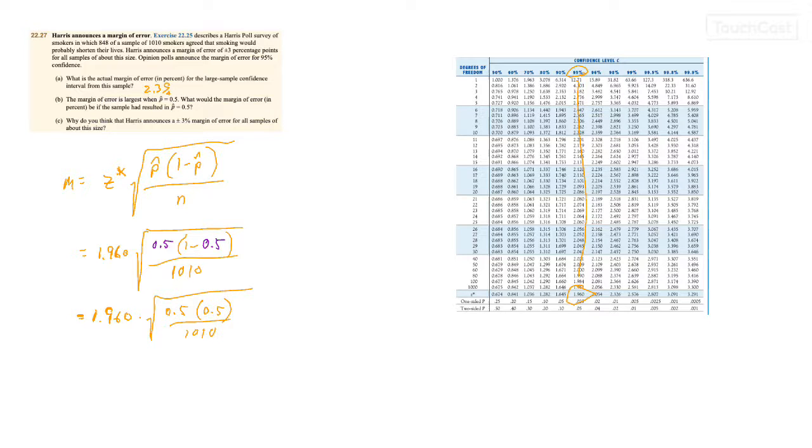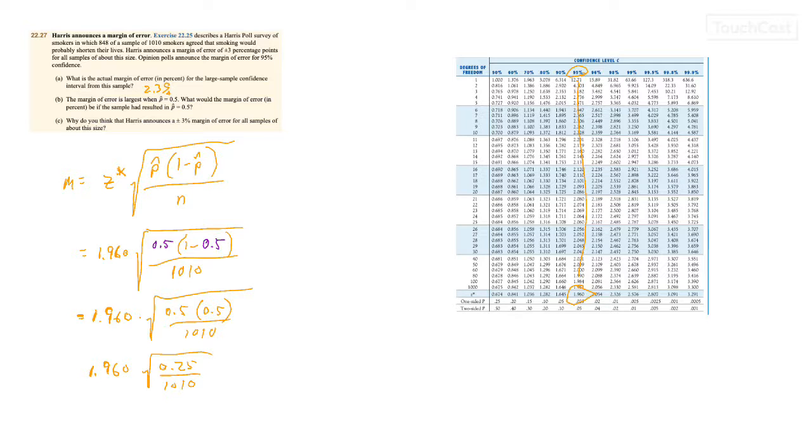0.5 times 0.5 should give us 0.25, but let me double check. Sorry, I'm trying to type the numbers in here and I'm typing them incorrectly. So here we are. 0.25, so 1.960 times the square root of 0.25 over 1010.